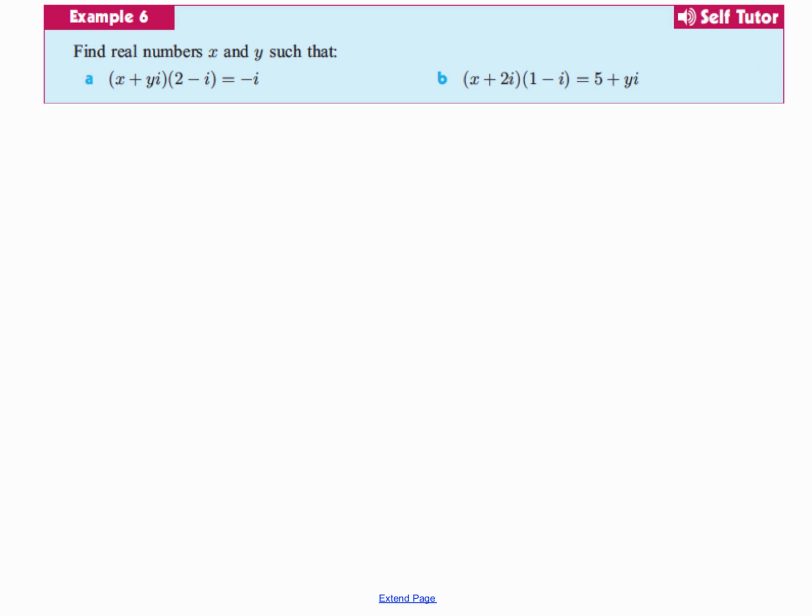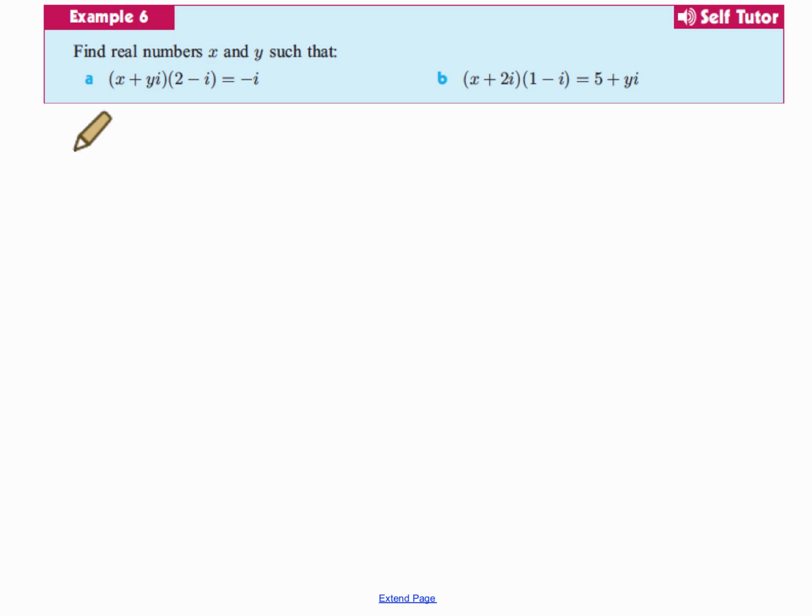Okay. Find real numbers x and y such that these things are true. Now this is just going to be finding a way to equate coefficients. And instead of expanding this, I'm going to notice that I have x plus yi right here. So if I can move this guy over here, I should be able to equate real and imaginary parts.